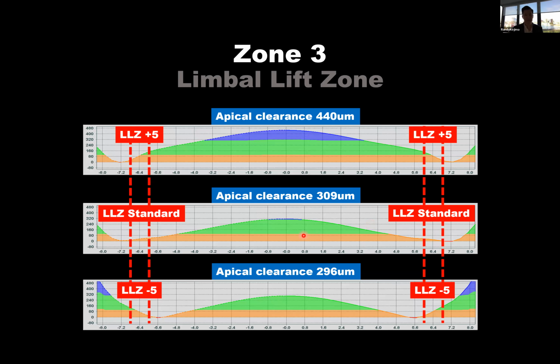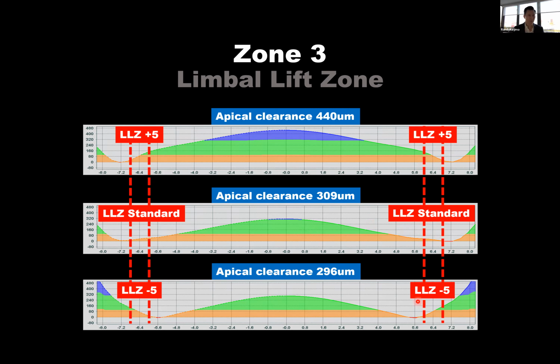So that is done by altering this angle right here. You can see on the standard trial lens, if I have a normal angle and it's relatively close to the limbus, now I create a significant change to the vaulting through the peripheral cornea and limbus.